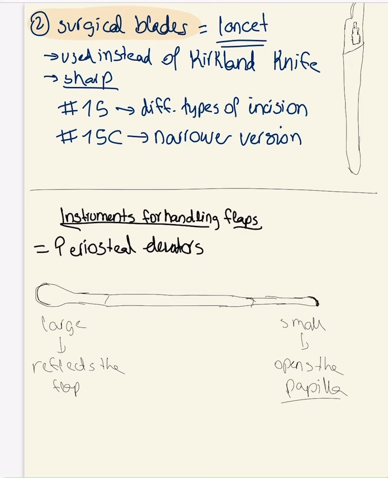This is called the Buser periosteal elevator, and the end looks like this. This is the large size, and here we have a much smaller size. So these are the periosteal elevators that are used to reflect the flap and to open the papilla.